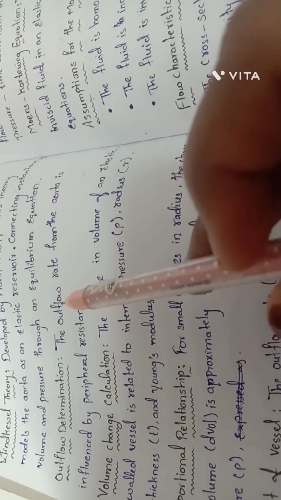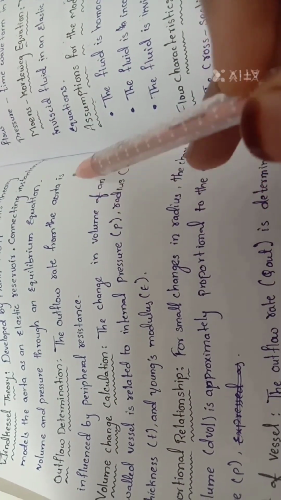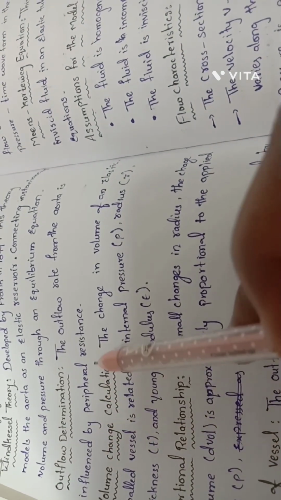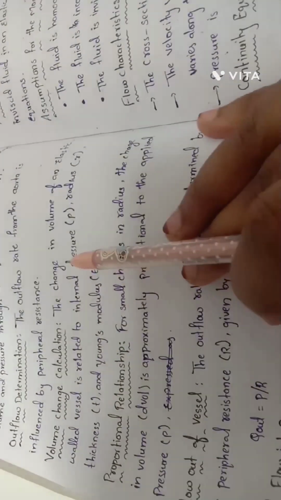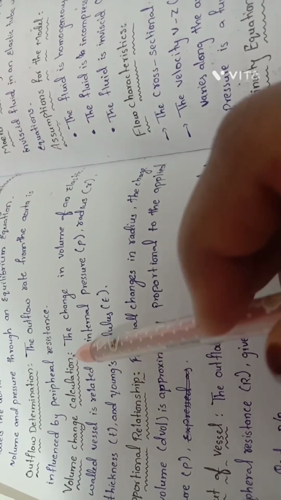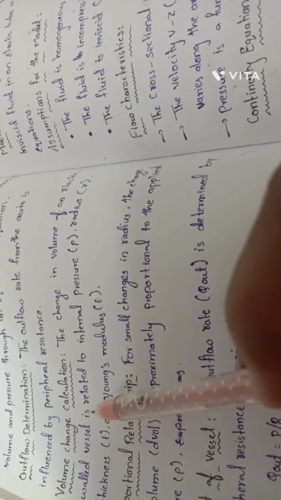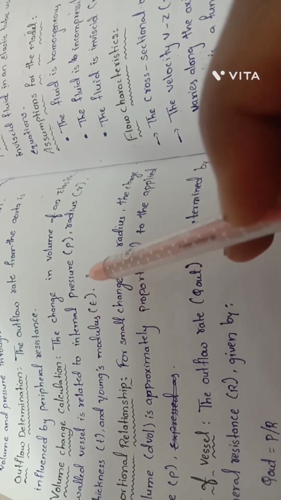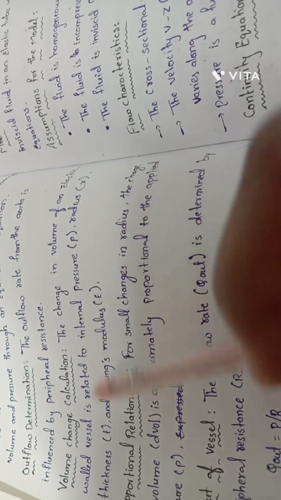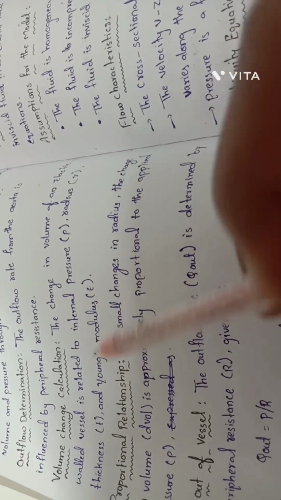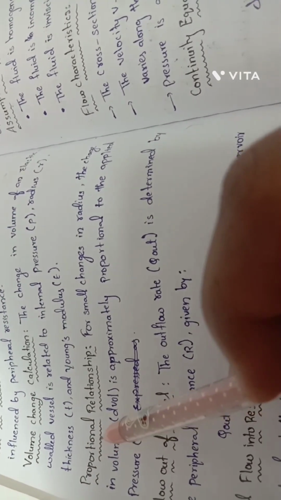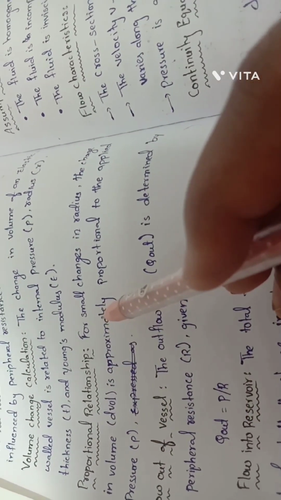Outflow determination. The outflow rate from the aorta is influenced by peripheral resistance. Volume change calculation. The change in volume of an elastic walled vessel is related to internal pressure, radius, thickness, and Young's modulus. Proportional relationship.